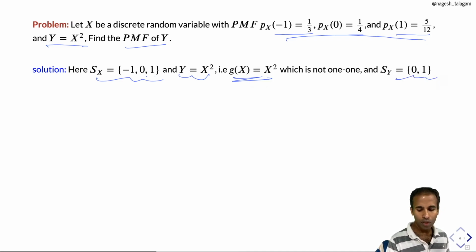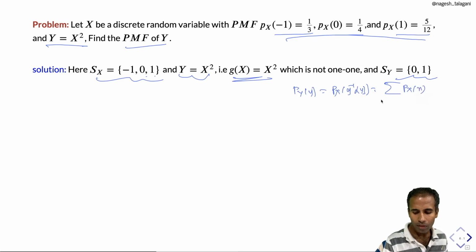Now we know that Py of y is going to be what? Px of g inverse singleton y, which is going to be the sum of PMF values at x, where x varies over g inverse singleton y.